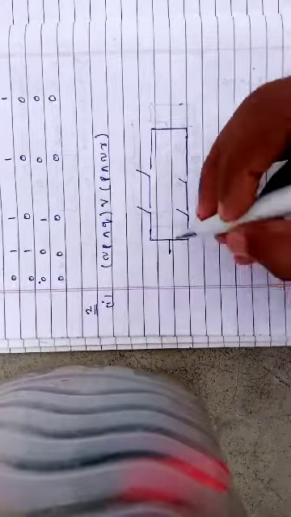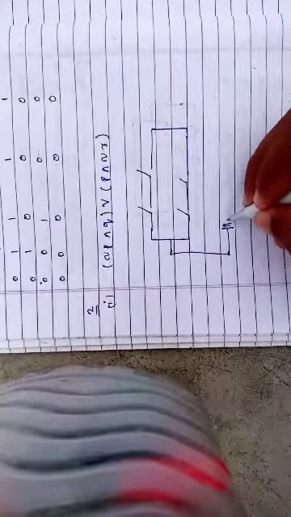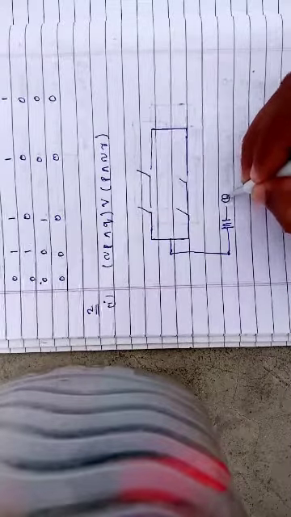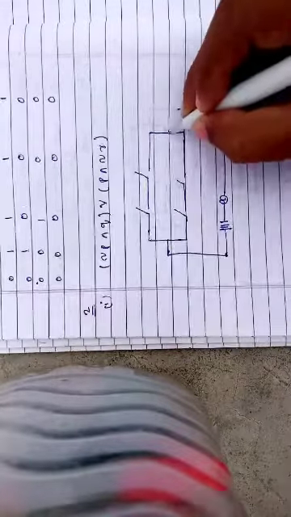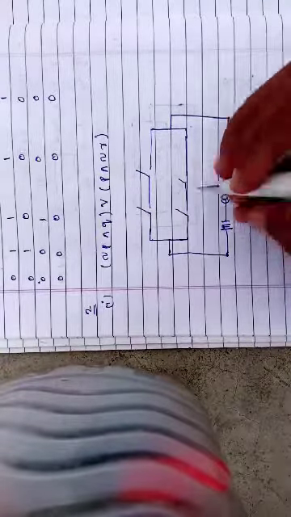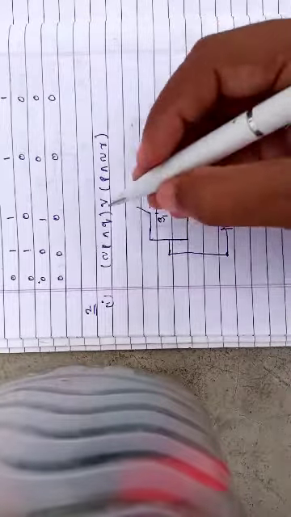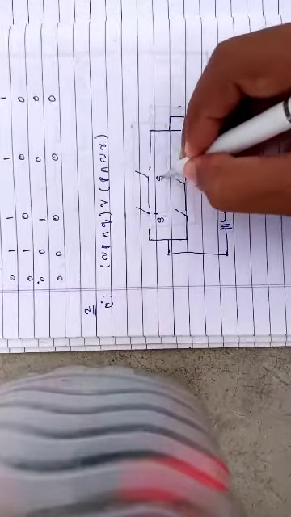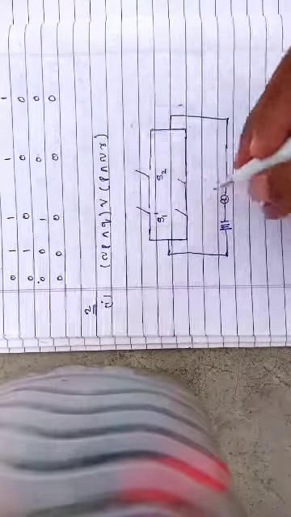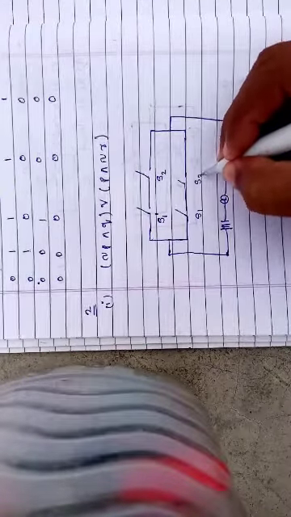Okay, now I will join this with the circuit diagram with the battery and lamp. Now we will represent it. For negation P, you will write S1 dash, because this is negation, and this is S2, and this is also P, so you will write S1, and this is complement, so S3 dash.